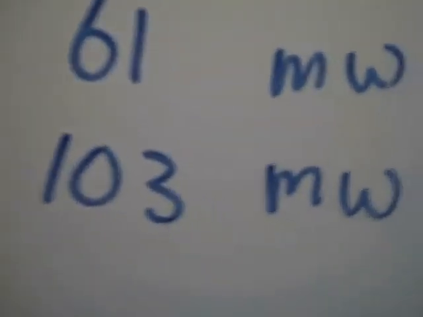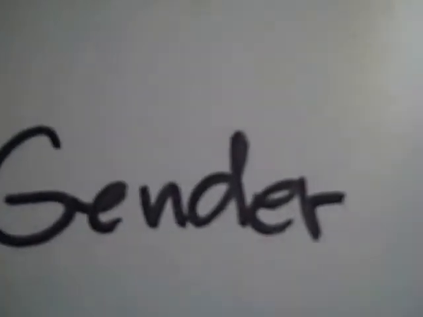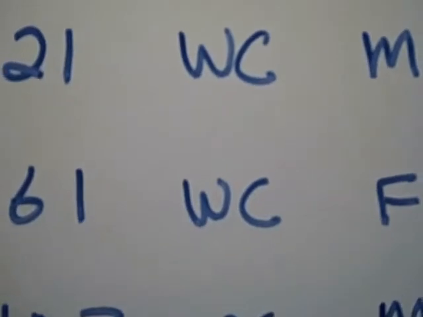And then we went to our third criteria, gender. So our third parameter is gender, and the values are male and female. Get it? When they talk about the parameter and the values. And then we went male and female, so now we have a 21-year-old West Coast male, 61-year-old West Coast female.